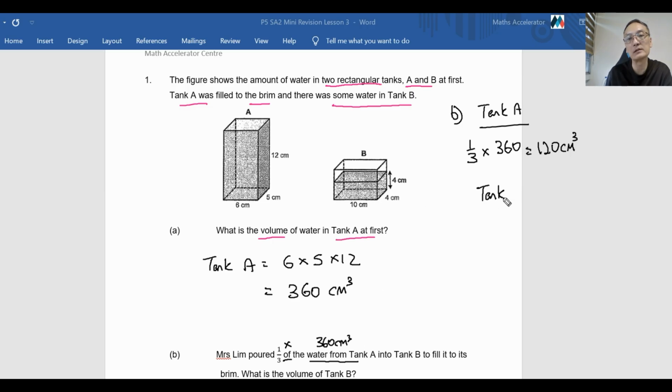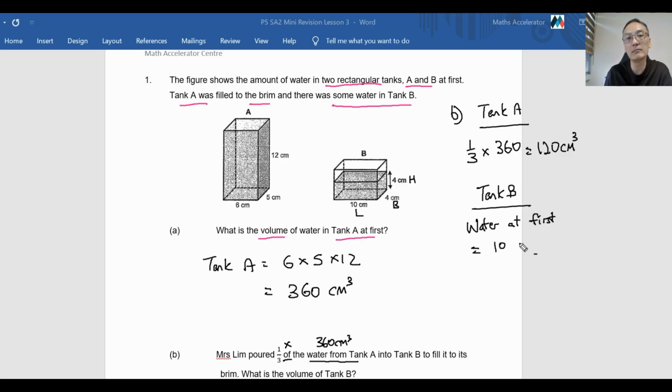Next we calculate tank B. Let's calculate the volume of water in tank B at first. To calculate the water at first, we have the length, the breadth, and the height of the water level over here.